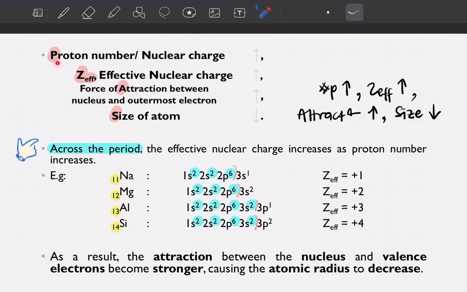Okay, so bila protons lebih banyak, then your nuclear charge will actually increase because protons yang memberikan nuclear charge tu. Okay, tapi selalunya you can use this interchangeably lah. This point ni kira macam point yang sama lah, but it's better to write both of them.